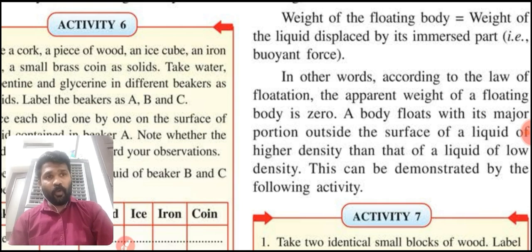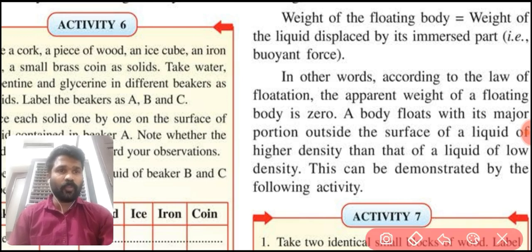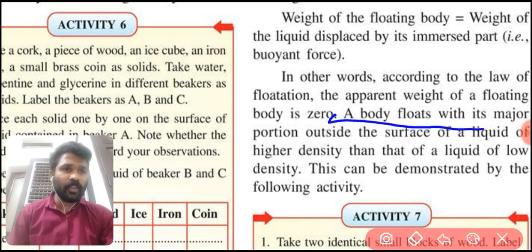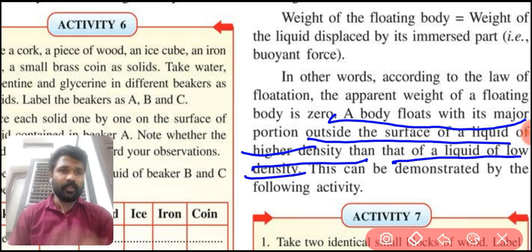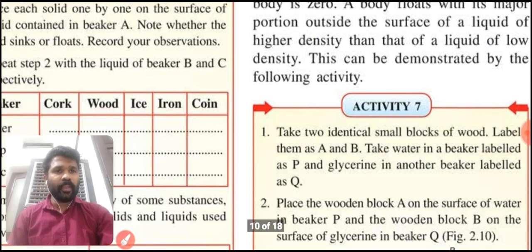A body floats with its major portion outside the surface of a liquid of higher density than that of a liquid of low density. This can be demonstrated by the following activity.